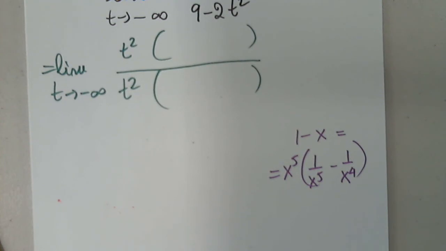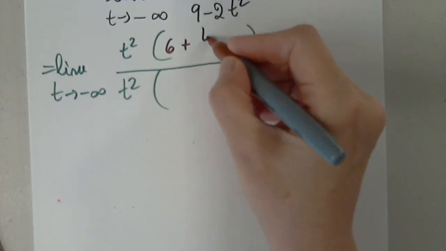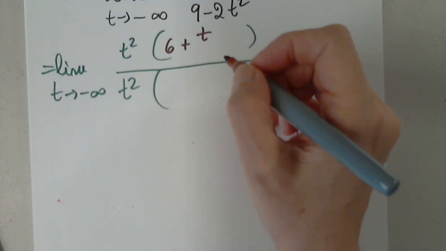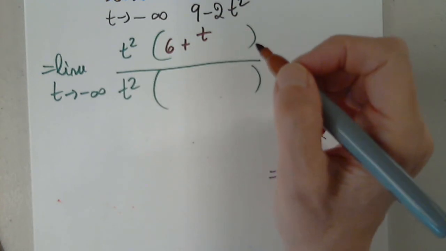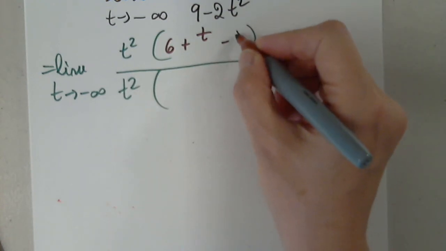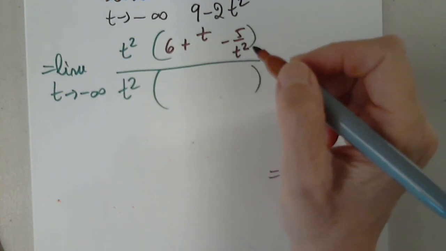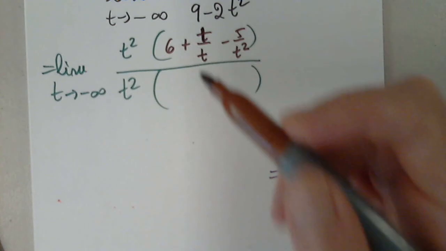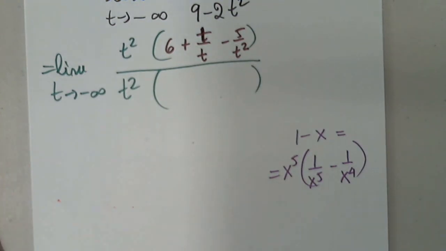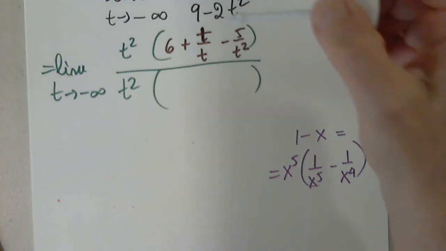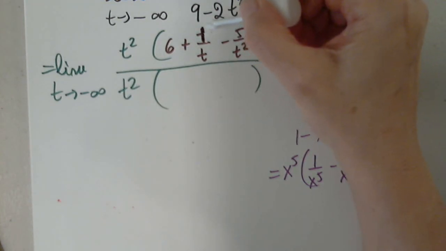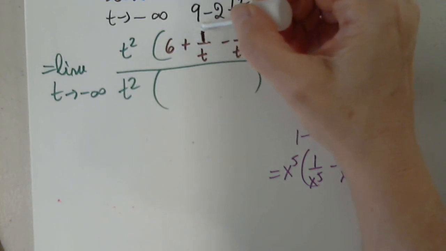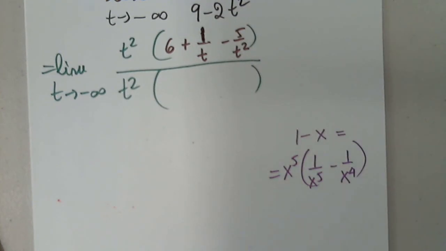On the top, it would be 6 plus 1 over t minus 5 over t squared. Is that correct? As long as it matches.